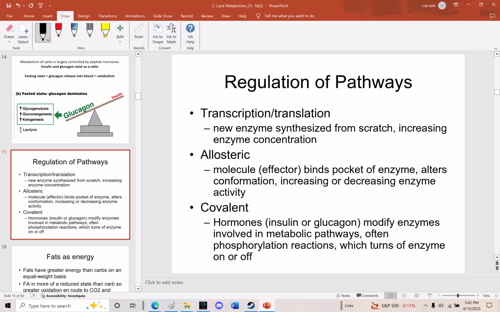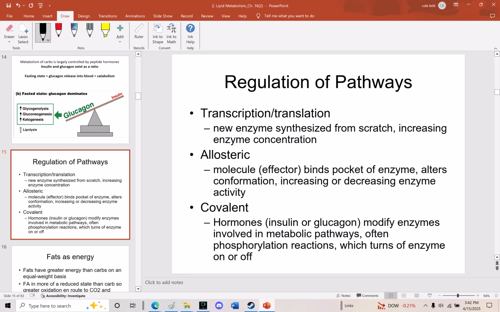And that is covalent regulation versus insulin, which is the other one, and it's going to activate a phosphatase, and that phosphatase will take off the phosphate group. That's what a phosphatase does. It takes off the phosphate group, and that will turn on or off the enzyme. That's covalent regulation. So they modify enzymes in metabolic pathways with phosphorylation reactions, which turn the enzyme on or off depending on the enzyme.